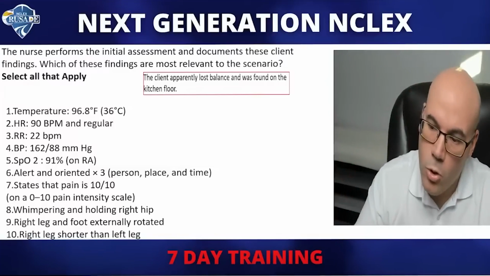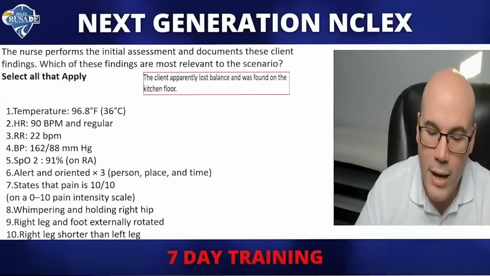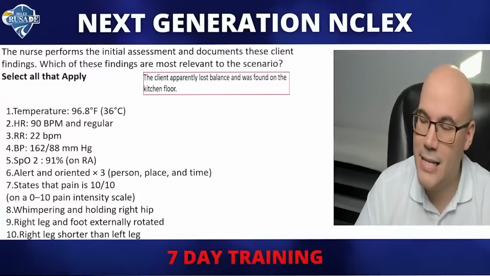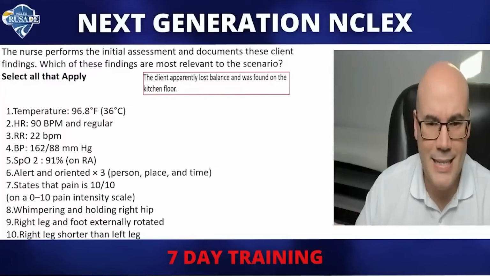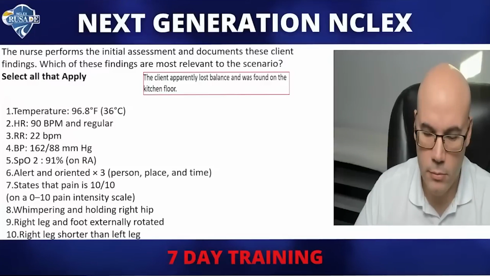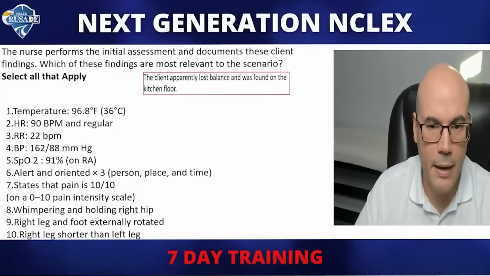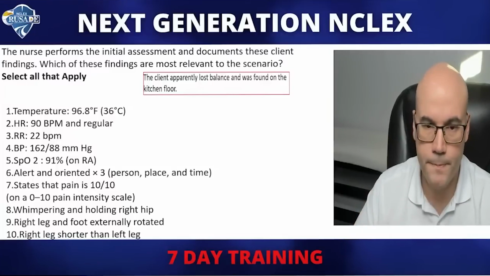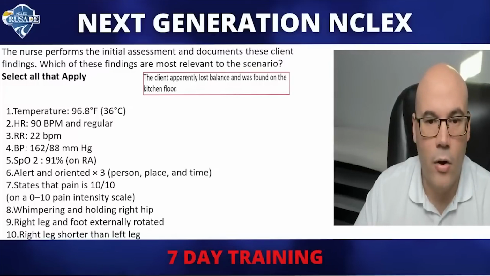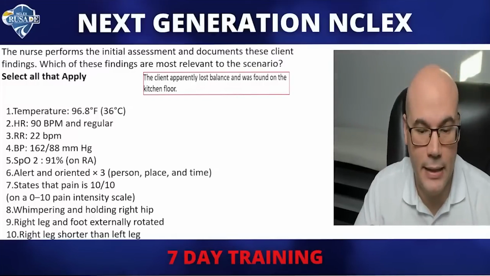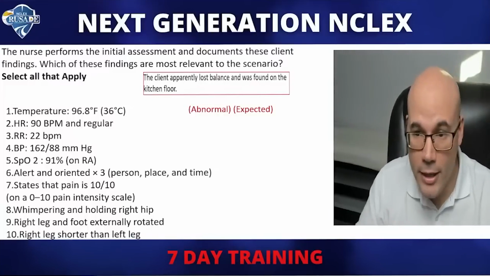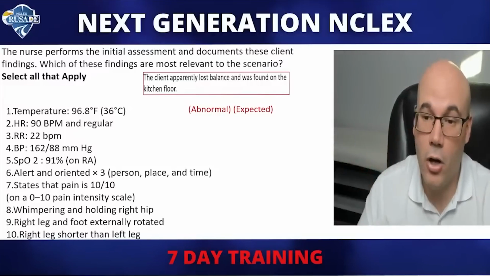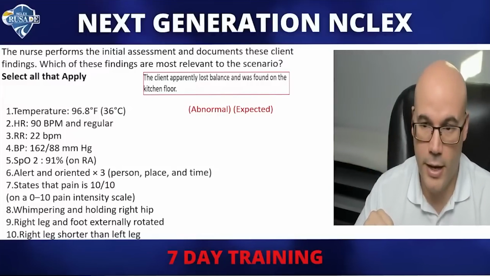But as you review all the answers, when we look at the temperature, 96.8, we say, well, is that temperature normal? Nope. That temperature is abnormal. Now, is it expected in this scenario? Well, think about it. An elderly patient was found on the floor after a fall.